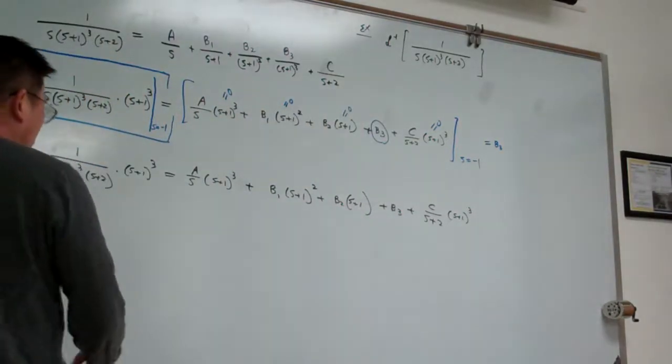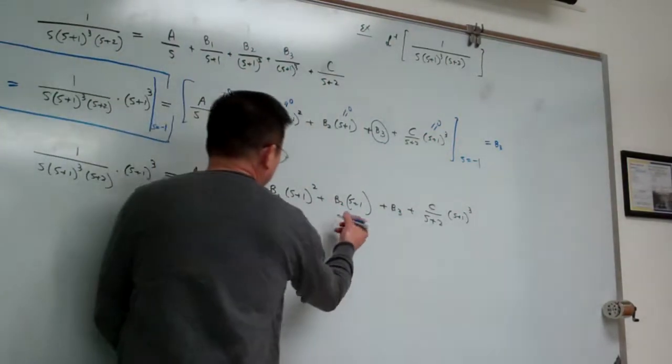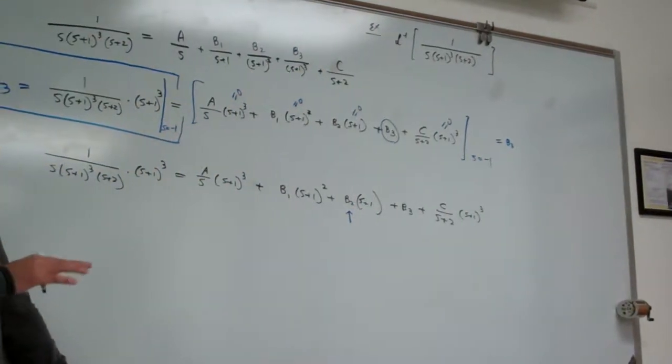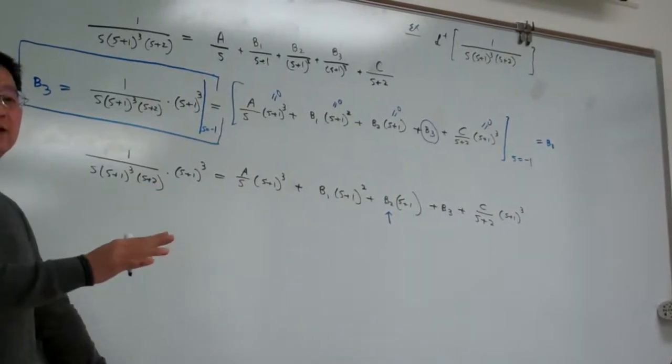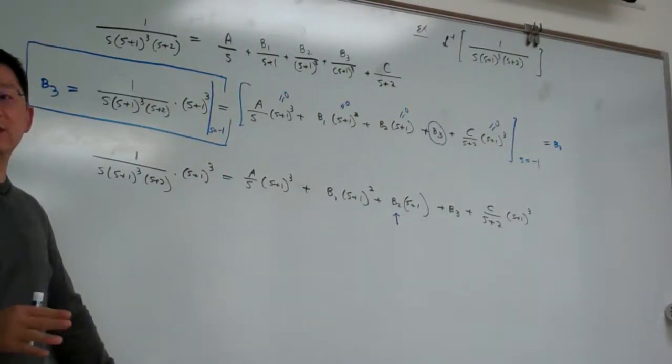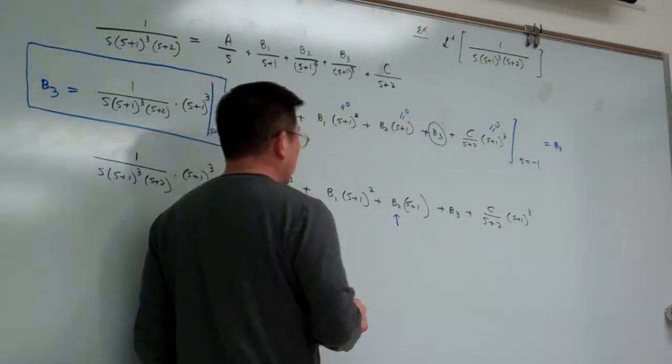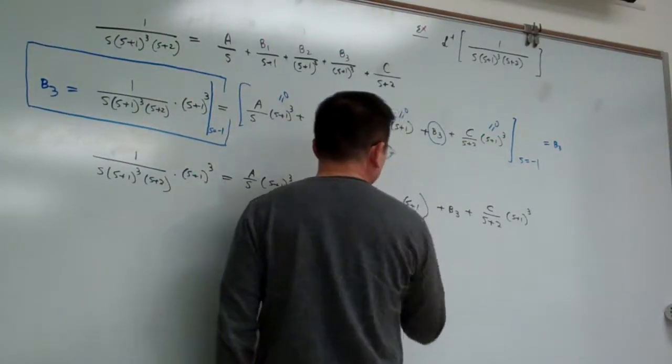So right now our goal is to determine B2. And the same concept, we wish B2 can stand alone on the right hand side. Everything else will disappear or become 0. So to do this, you can see B2 right now multiplies with this term.